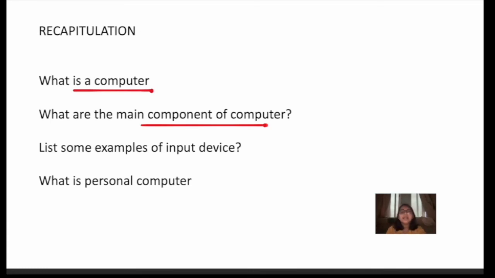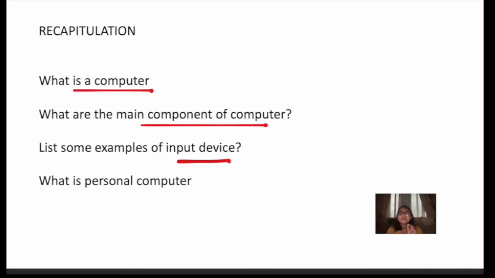Then list some examples of input devices. Do you know some examples of input devices? Yes, we can say our keyboard is an input device, and we can also consider the mouse an input device. Scanner is also an input device. Students, camera is also an input device. Then tell me, what is a personal computer?